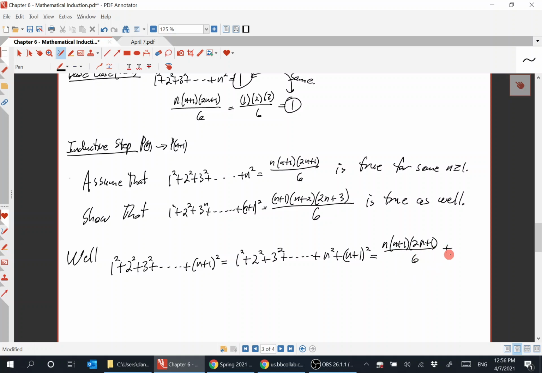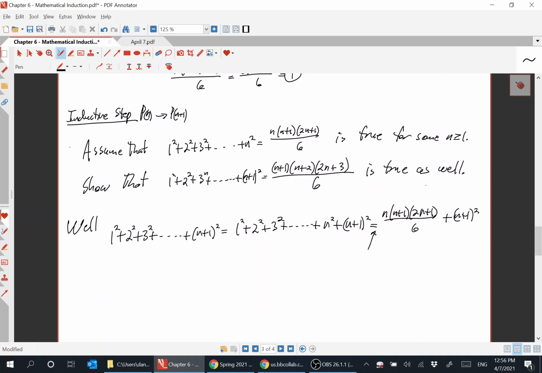And then this is still there. Why is that true? What's the reason for that? The inductive hypothesis, the assumption that you make at the beginning of the inductive step.